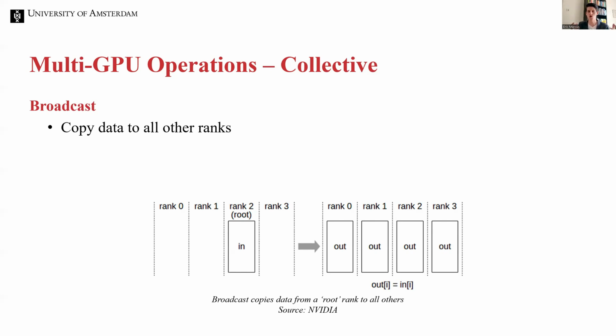The root rank is just a name for the leader in the group in some sense, and it's copying its data, which is labeled in, to all the ranks, where we're going to call it out. And of course, all of these outs are exactly equal to the in. So when is this used? This is used, for example, when we copy the model from a root rank to all of the GPUs. So all the GPUs then get the model. So that is broadcast.